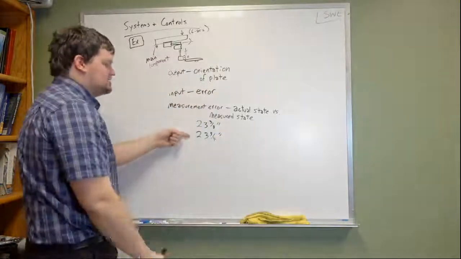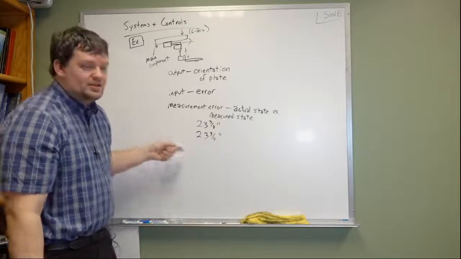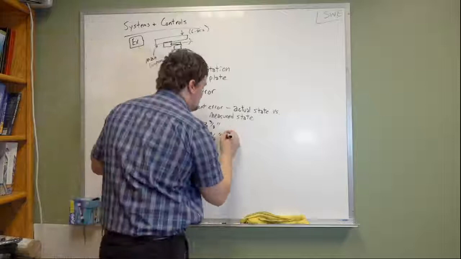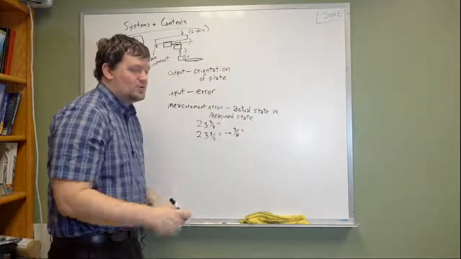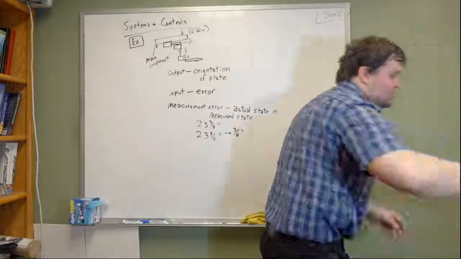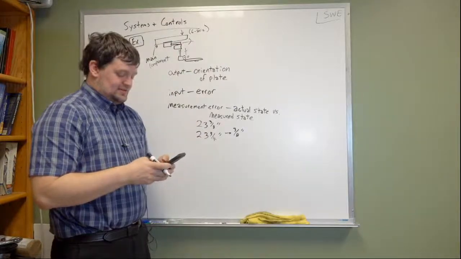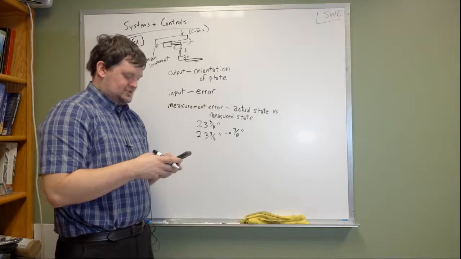If this is the actual length of my wall, but this is the length that I'm reading, the error here can be seen in a couple of ways. And this is a measurement error. It could either be seen as a 3/8 inch error, or if I pull out my calculator quickly, I could also simultaneously say that instead of a hard value for an error, it's also a percentage error.